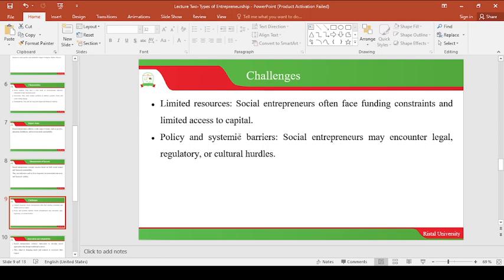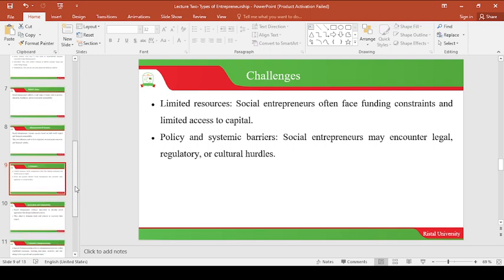Because for you to operate, you need to be registered by the government, you need to obtain the operation license, etc. So these regulations, if they are not fair, are going to affect the operation or the registration of an organization under social entrepreneurship. It is a must for any organization operating in South Sudan to be registered and recognized by the government. So these are some of the challenges facing social entrepreneurs.